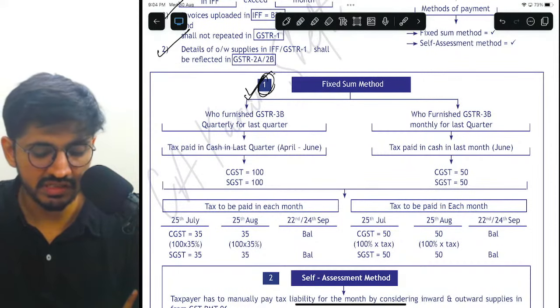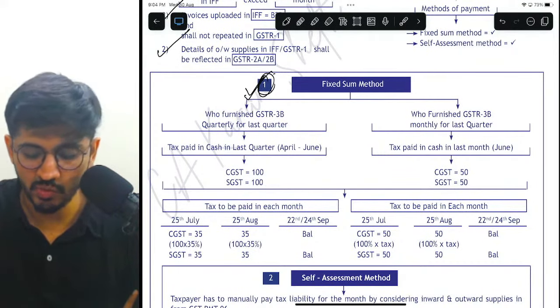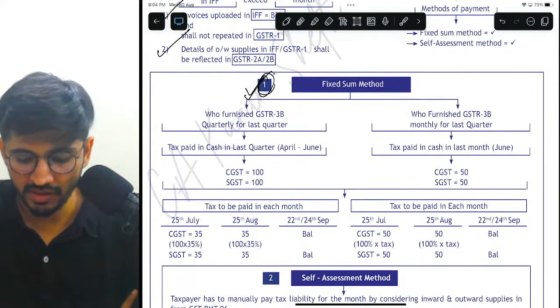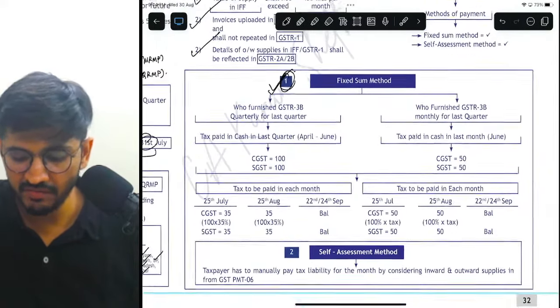So who furnished GSTR-3B quarterly for the last quarter? And who furnished GSTR-3B monthly for the last quarter? Now understand very clearly, my dear friends.